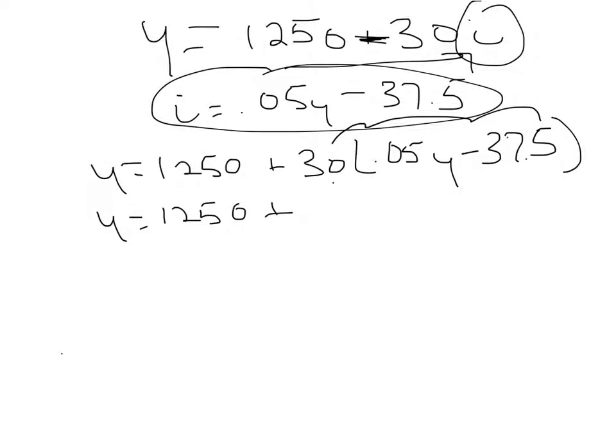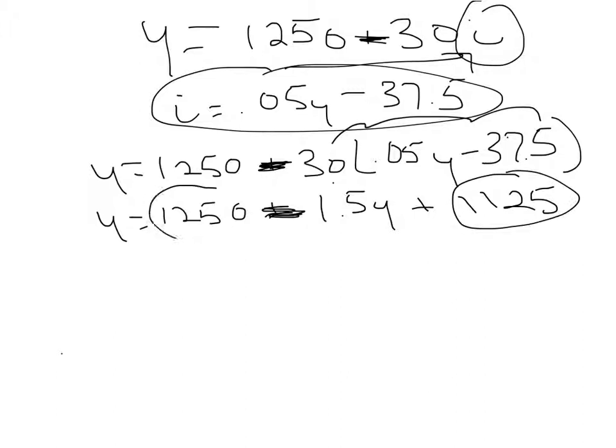Let me put the minus there. So Y equals 1250 minus 30 times 0.05Y, which is 1.5Y. And 30 times negative 37.5 is plus 1125. Okay. Now again, I'm going to add my whole numbers together.